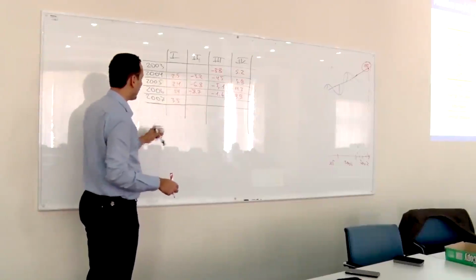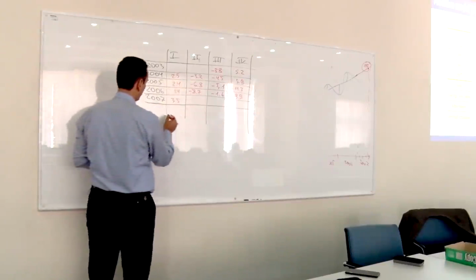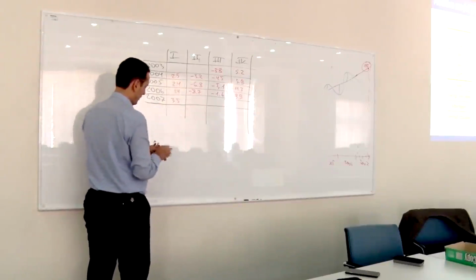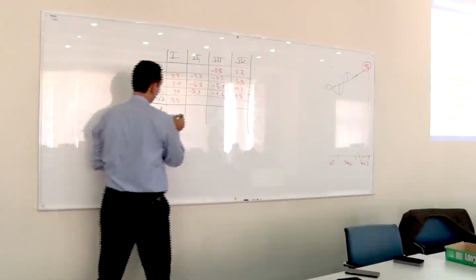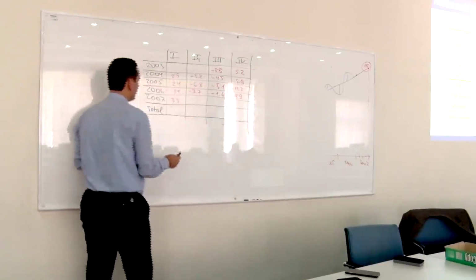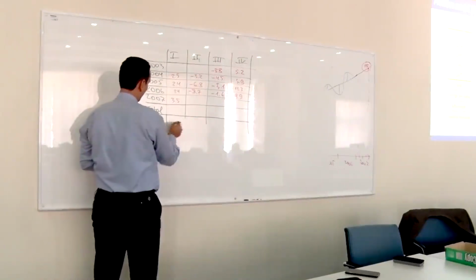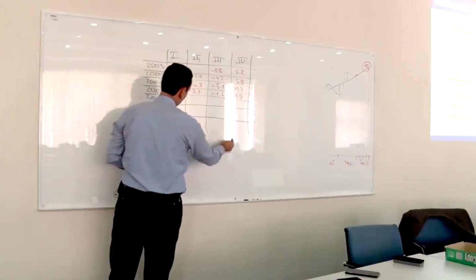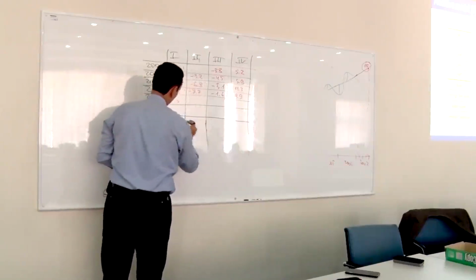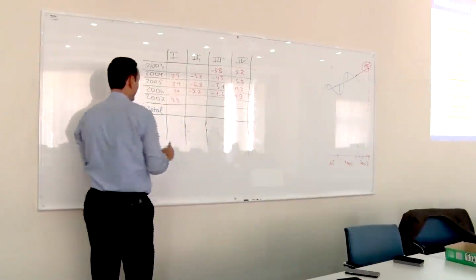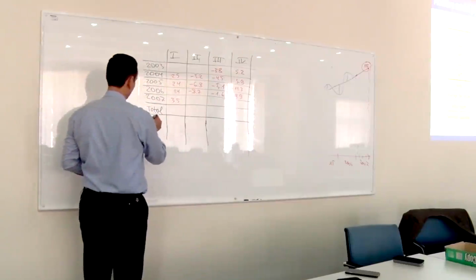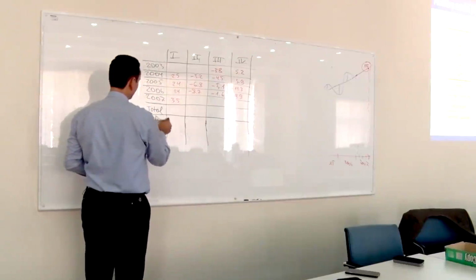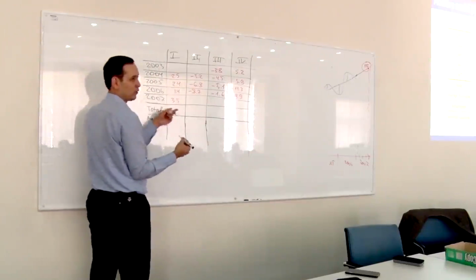Now the most interesting, or I would say important, part starts here. You calculate the total, and then you calculate the average deviation. The total is just the sum of all these numbers.